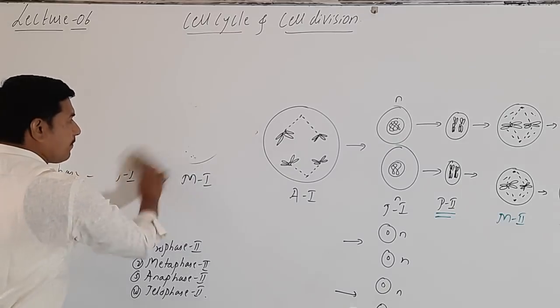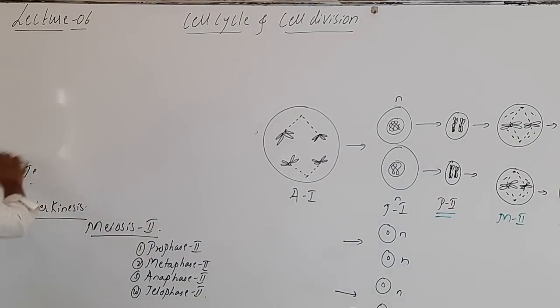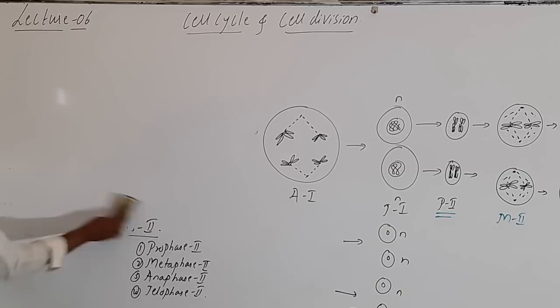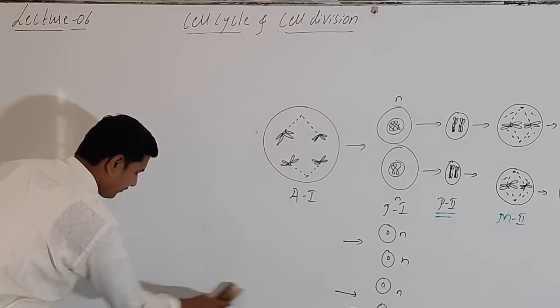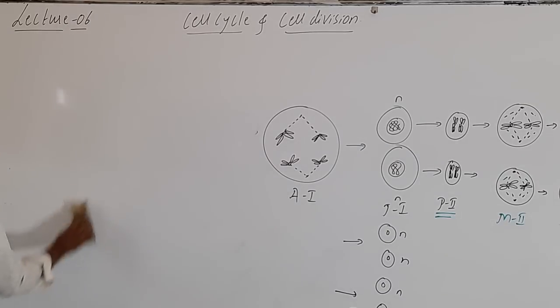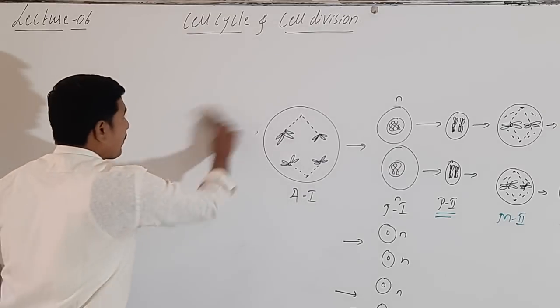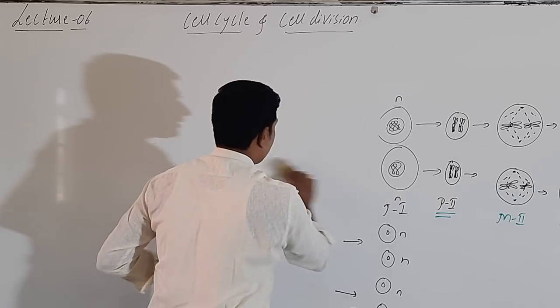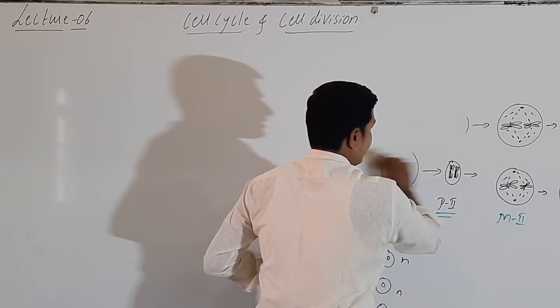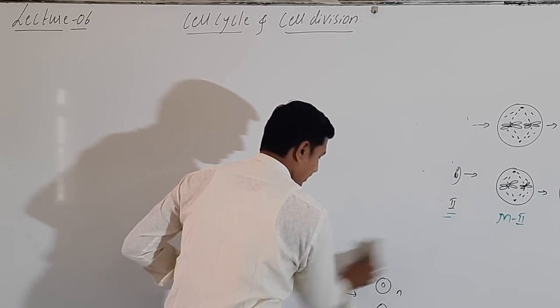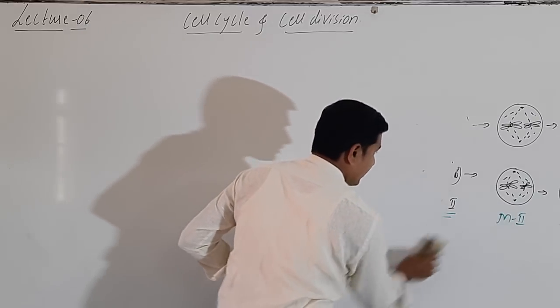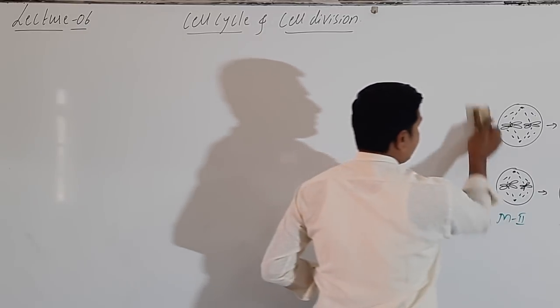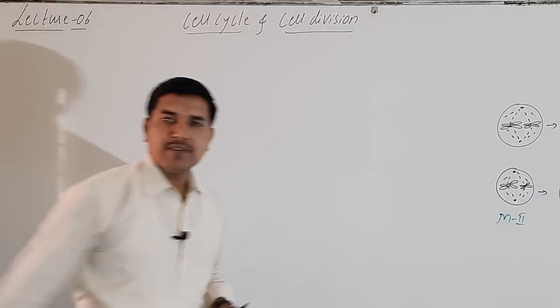Where does meiosis occur? Meiosis occurs in sexually reproducing organisms. Then what is the end result, the end product of meiosis? The end product of meiosis is formation of gametes. Gametes are formed here. Okay, that is the end product, right?